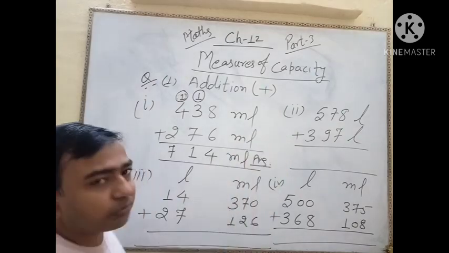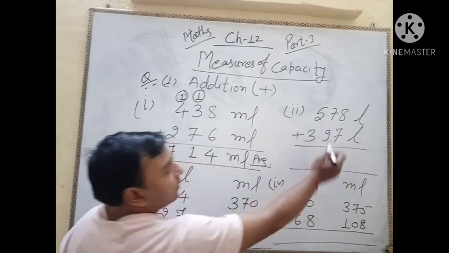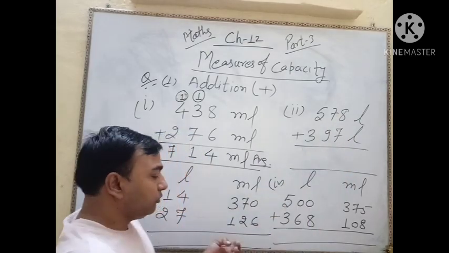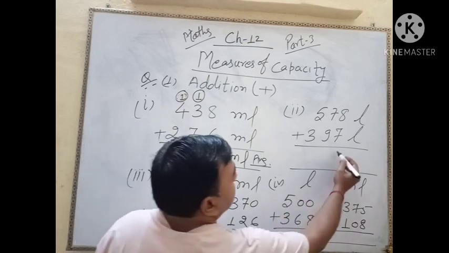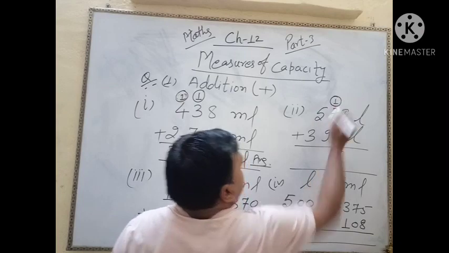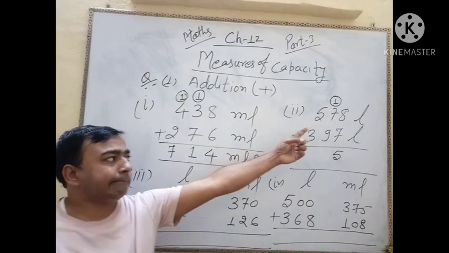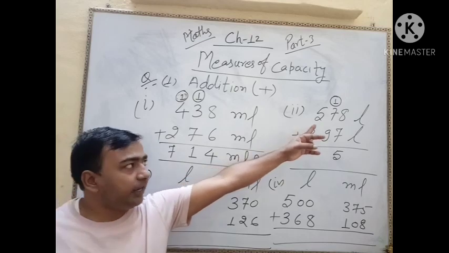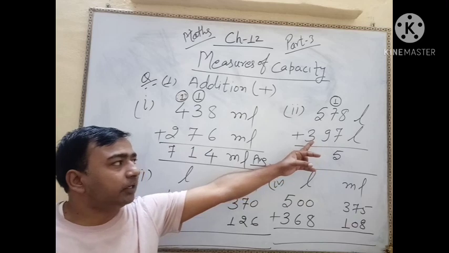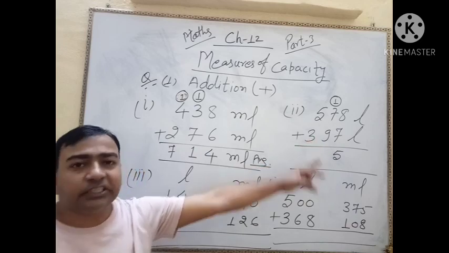Now come to question number 2. Question is 8 plus 7. 8 plus 7 equal to 15. We will write only 5. Carry 1. 1 plus 7 equal to 8. 8 plus 9 equal to 17.